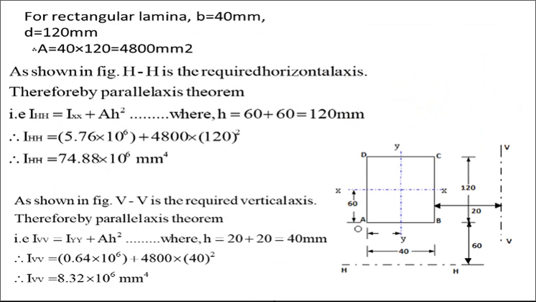So now again for the rectangular lamina we determine the area of cross section of this lamina. Here again we have to determine the moment of inertia about the HH axis, which is the required horizontal axis, 60 mm from the lamina.